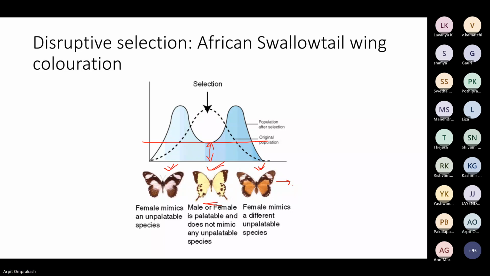So it's difficult to remove all the variation in a population. There is always some amount of variation, with some individuals exhibiting different morphs or different colors.